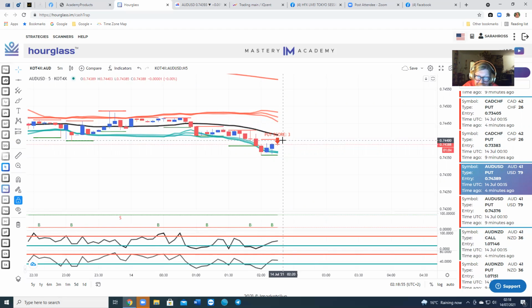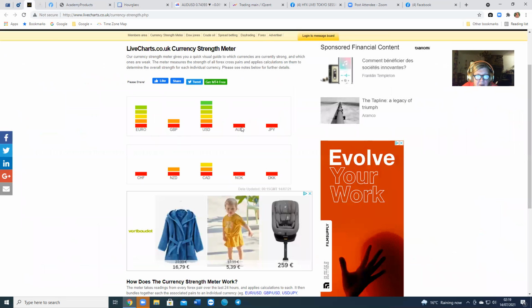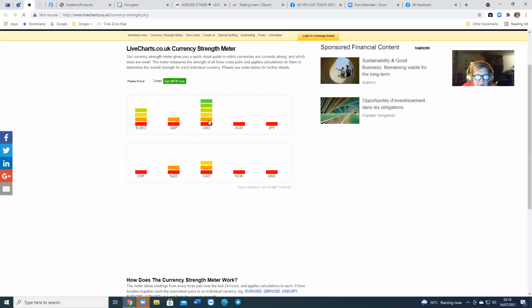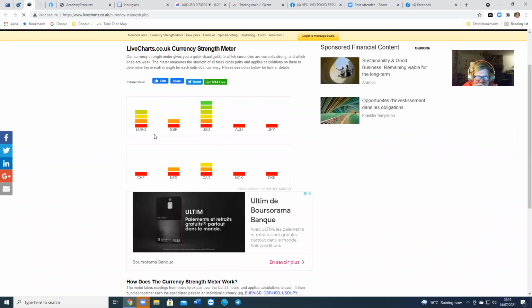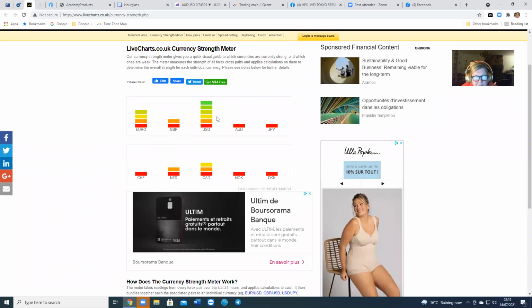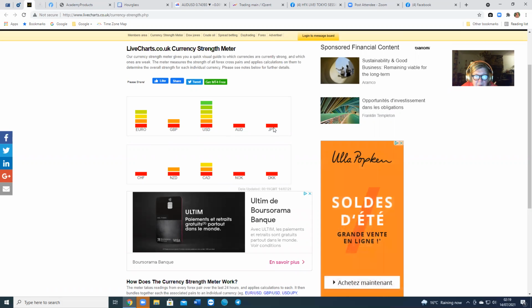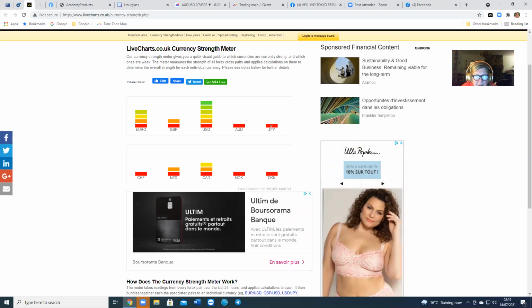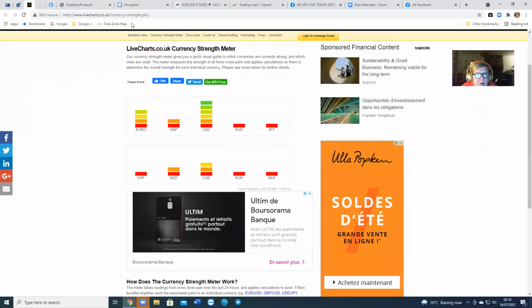If we don't get much further with this, then we should do, because we've got it nicely lined up on here. We're just waiting. The dollar seems to be a little bit slow in its movement up, but we could be buying US dollar against Japanese yen, but the payout wasn't very good.